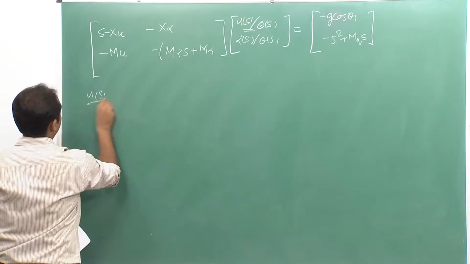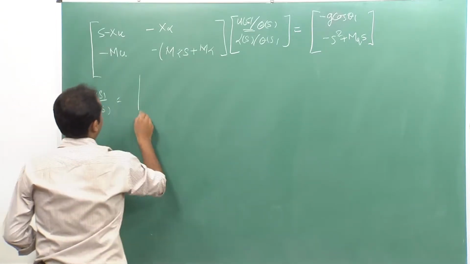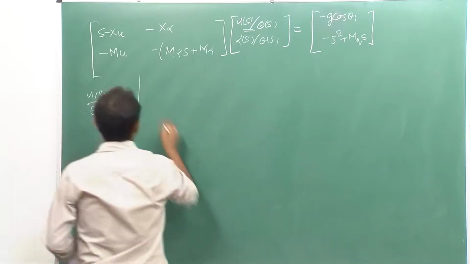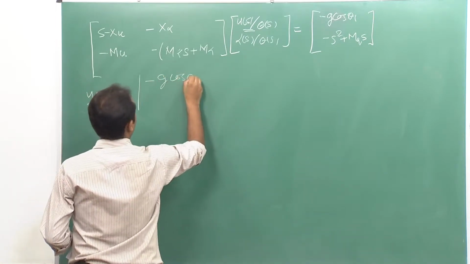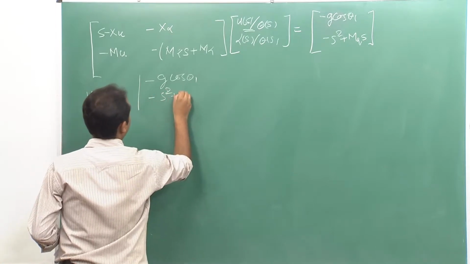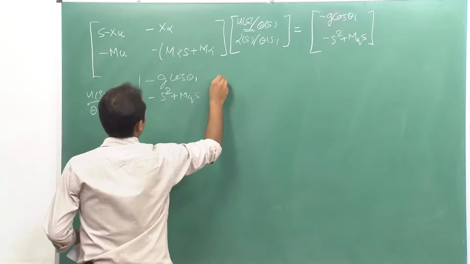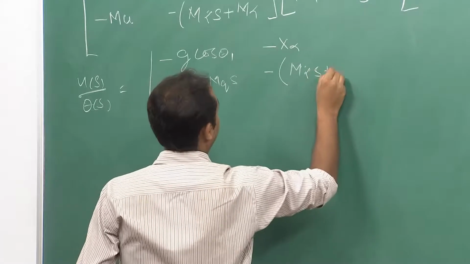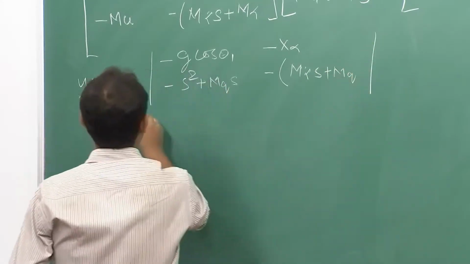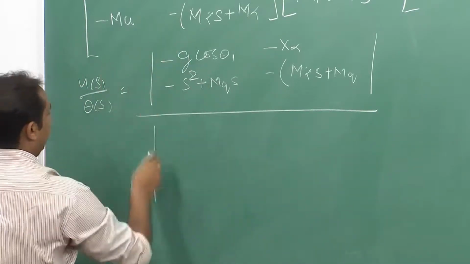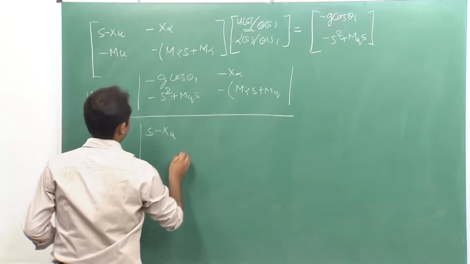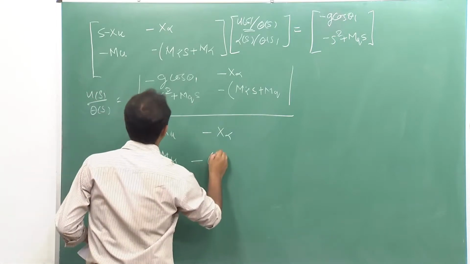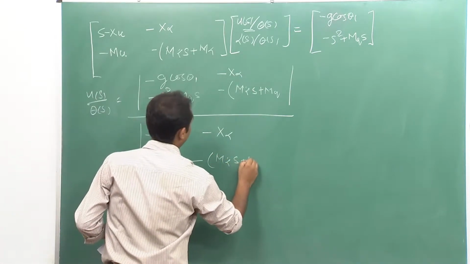So, u of s upon theta of s will be the determinant of replacing this first column by the value of this matrix, that is minus g cos theta 1 minus s square plus m q s minus x alpha, minus of m alpha dot s plus m q, divided by the determinant of this matrix, m u, x of alpha, minus m u minus m alpha dot s plus m alpha.